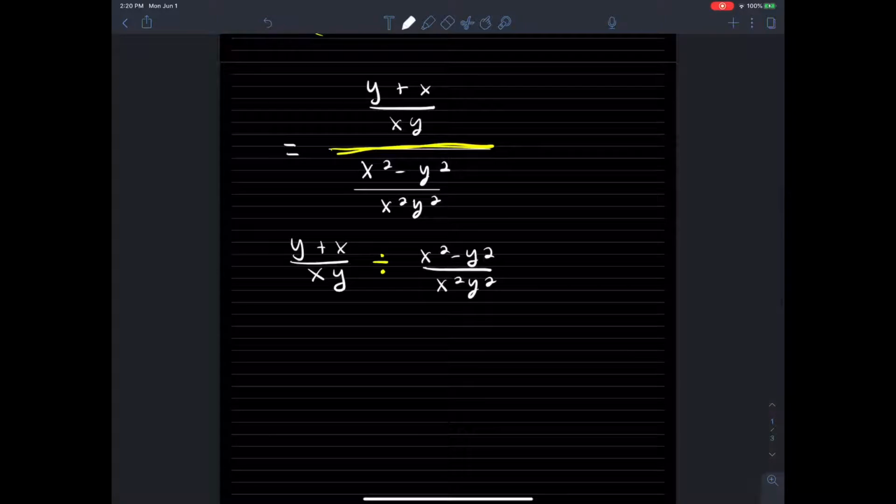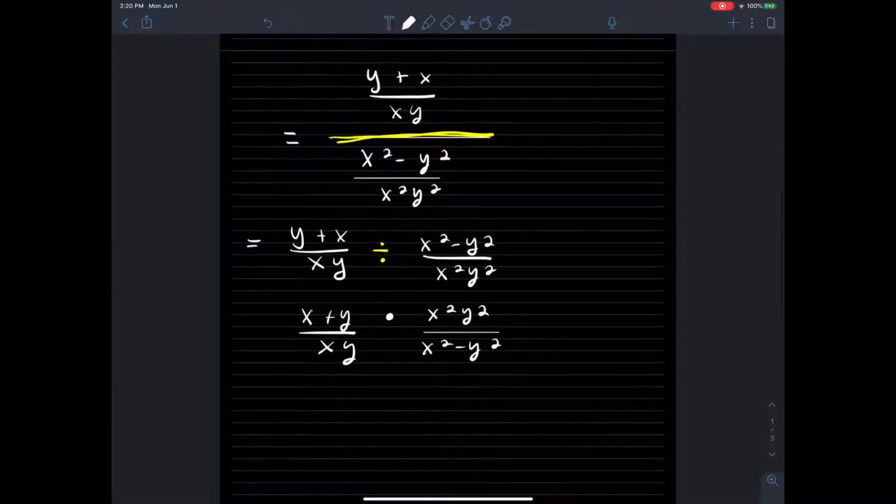And now I can flip and multiply. I flip what you're dividing by. It's x squared y squared on top now, and x squared minus y squared on the bottom. Over here, we have y plus x, but you're free to write it, since they're both plus, as x plus y all over xy. And that is a times in the middle of them now.